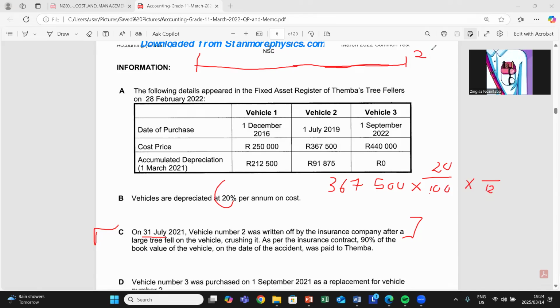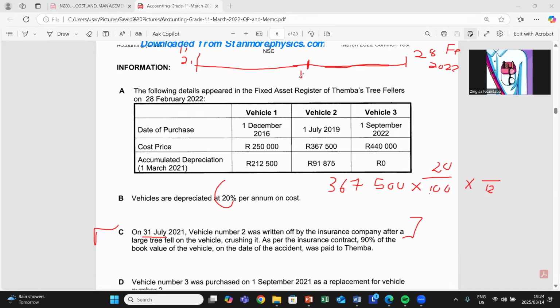2022, right? And the financial year begins on the 1st of March 2021. In your statement, they say that on the 31st of July you stopped using your vehicle, so you highlight it in your financial year.